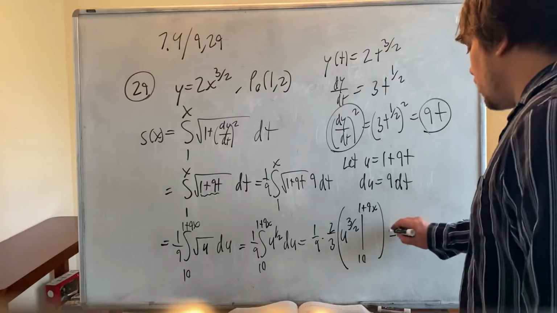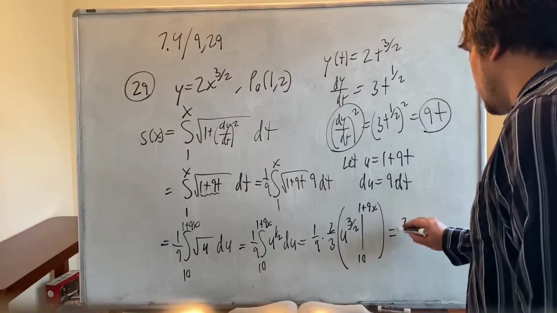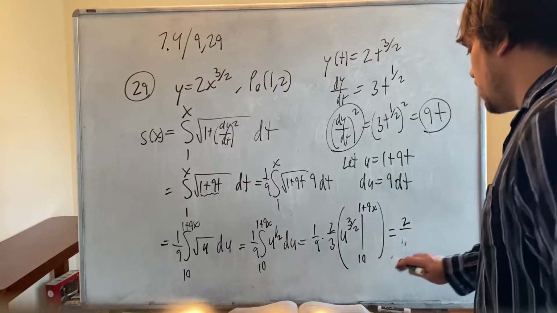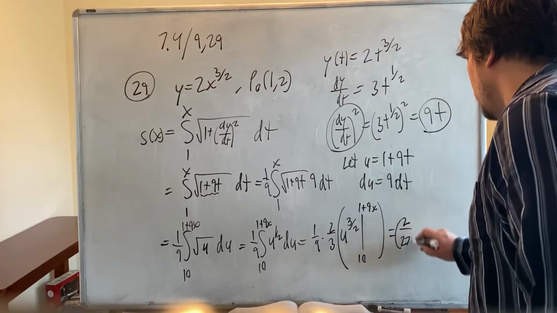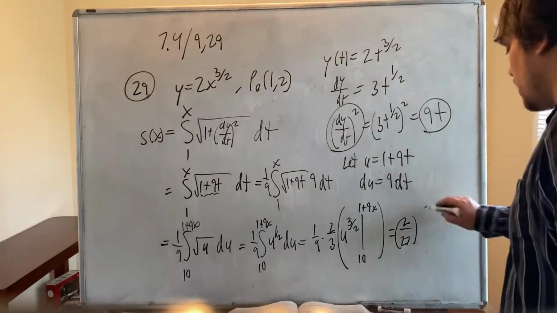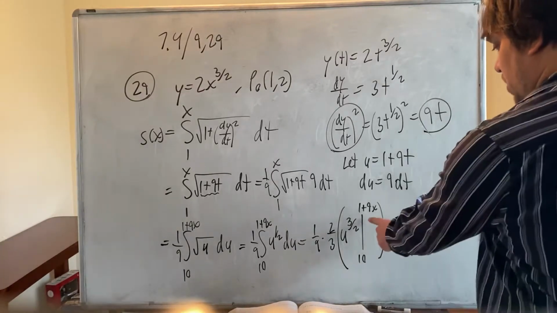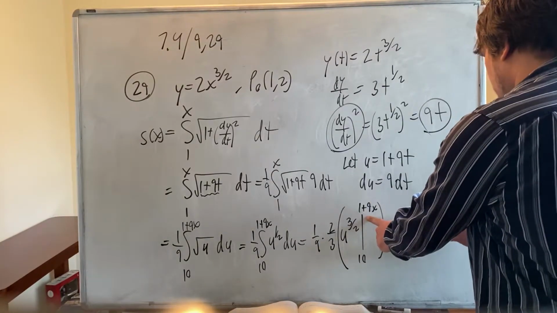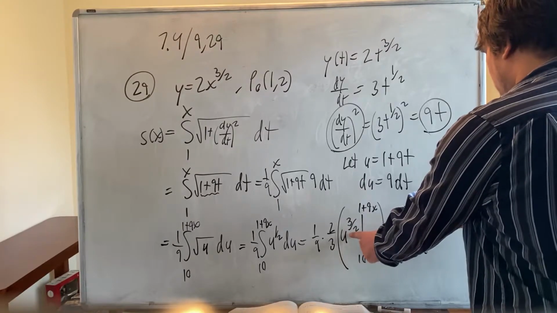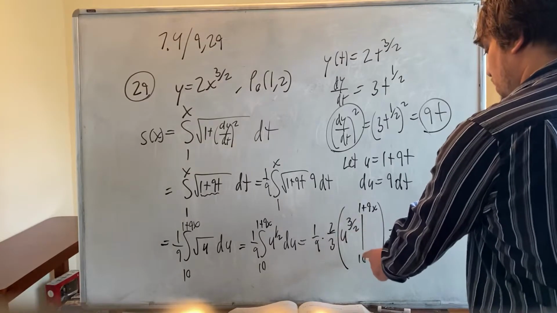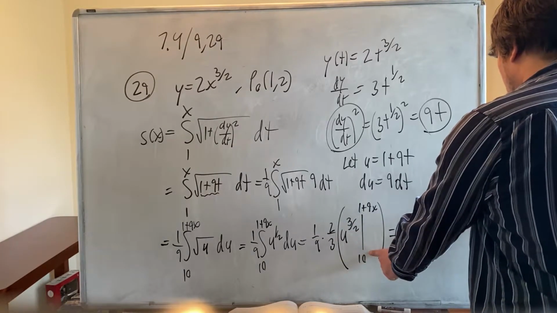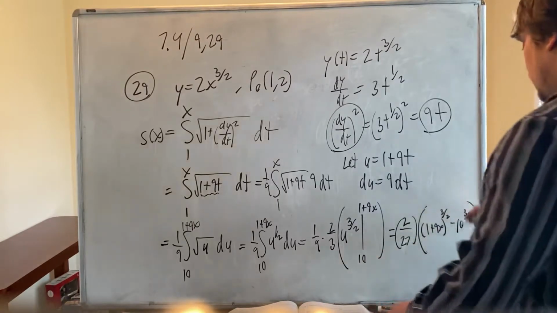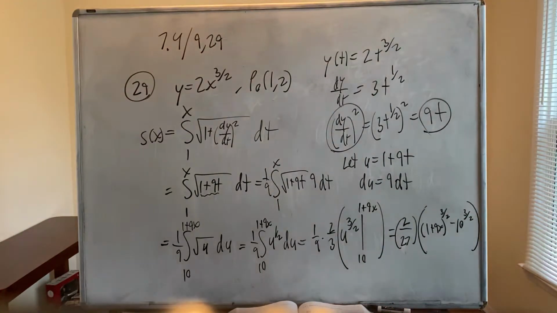And so this is equal to 2 over 27, since 1/9 times 2/3 is 2 over 27, times, plugging in, 1 plus 9x to the 3/2 minus 10 to the 3/2. That's it. That's the answer.